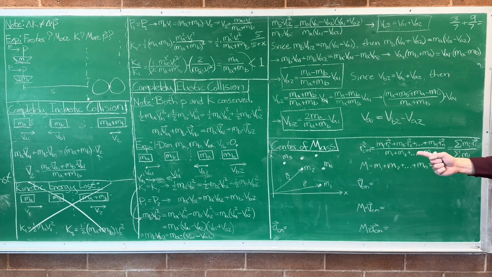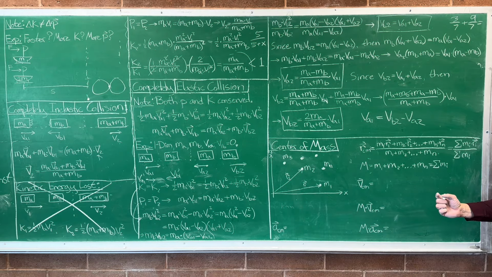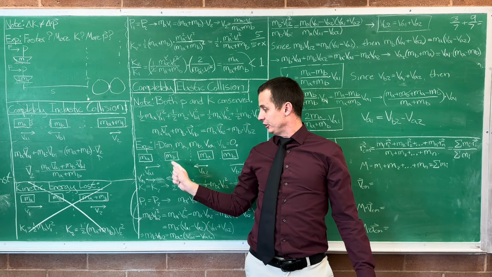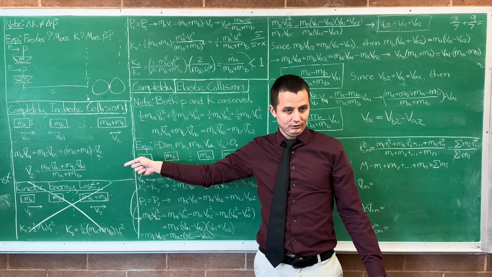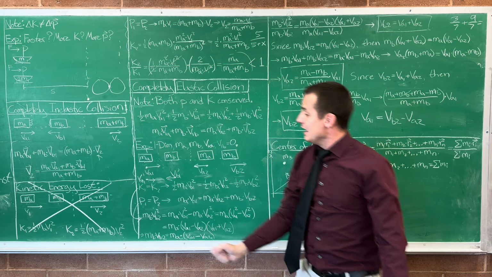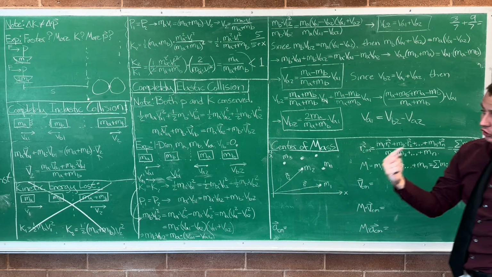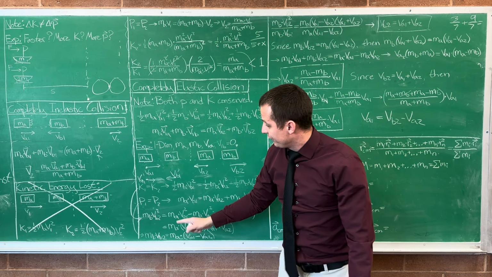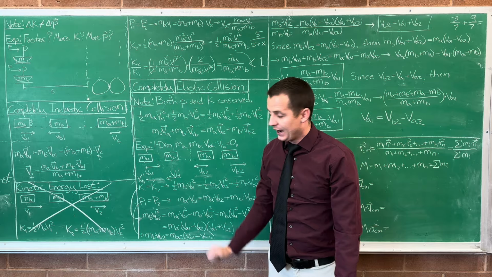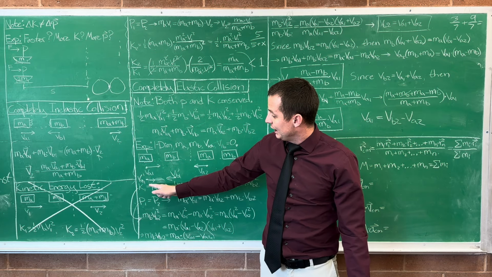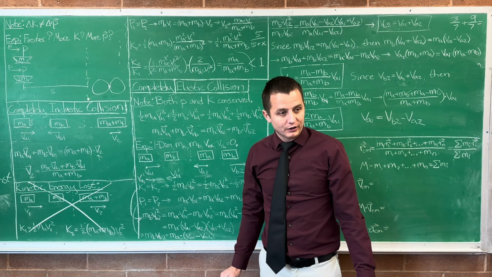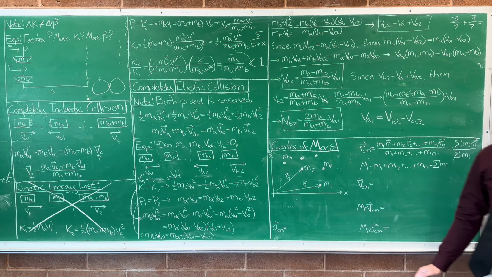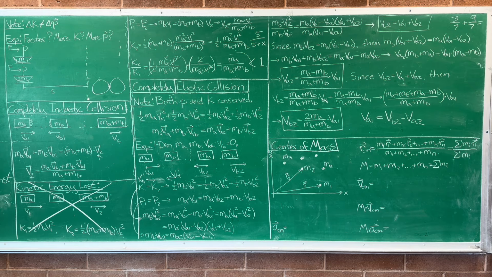Let's set up a physical scenario. Let's say that in your reference frame, this one's going that way 5 meters per second, this one's going that way 5 meters per second. In my reference frame, since I'm moving along, this one's going 0, this one's going 10. In your reference frame, it was going 5 and 5. So how do we get my reference frame from your reference frame? You just add my velocity to everything.